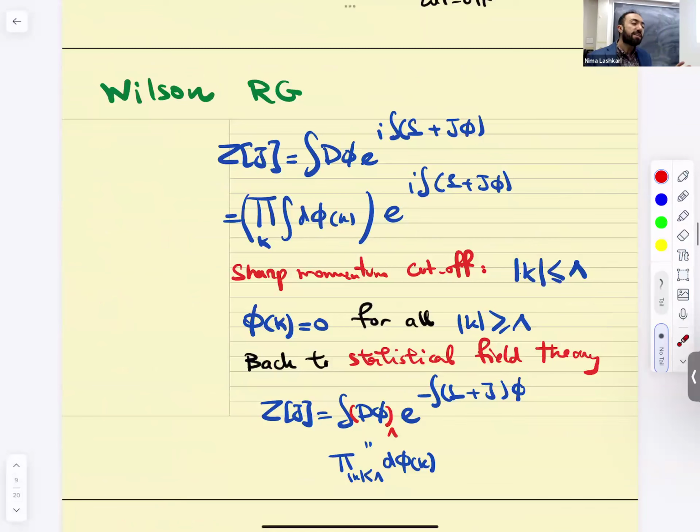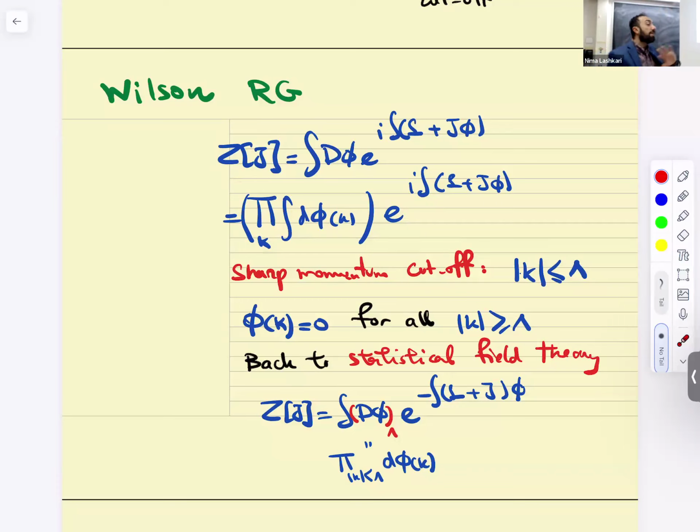All right, so Wilsonian RG is this brilliant way of, as such a simple argument, but it's deep, and it really revolutionized the way we understand quantum field theory. The argument is super simple. I'm just going to run it very quickly.